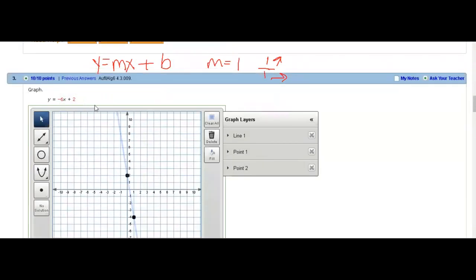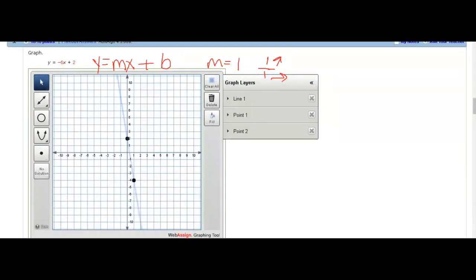For this one, and let me erase this here. Okay? So for this one, it's in slope-intercept form as well. So 2 is our y-intercept. So I put a point here at 2.